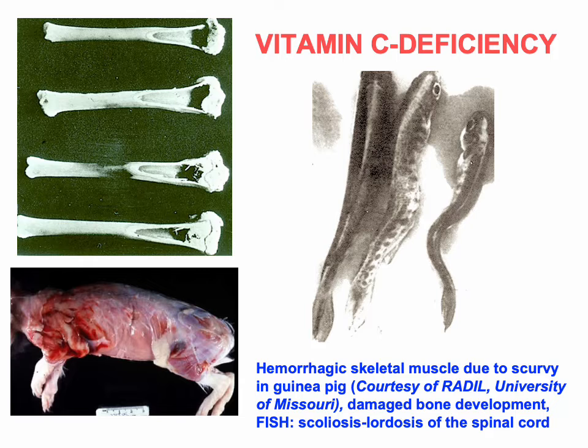A specific feature of the guinea pig and the fish is that they cannot synthesize ascorbic acid, and lacking ascorbic acid, they will show vitamin C deficiency syndromes like shorter bones and scurvy, hemorrhagic signs, and scoliosis, lordosis of the spinal cord.